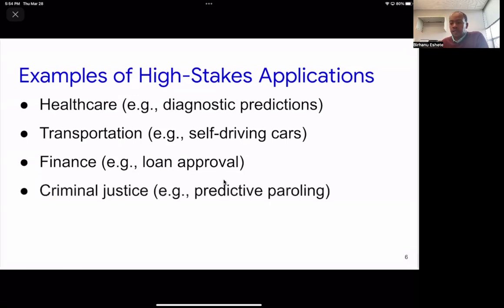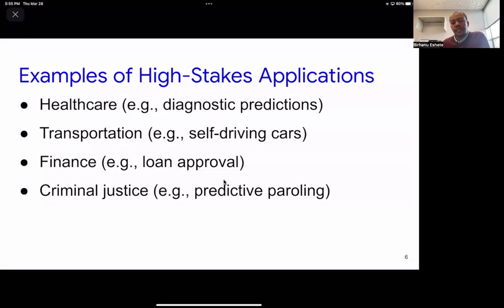Another domain is criminal justice. In the criminal justice system, we use machine learning models for very sensitive tasks, such as predicting the likelihood of someone committing a crime again, as is done, for example, in this famous system called COMPAS in the United States, and that created a lot of headlines back in 2016.